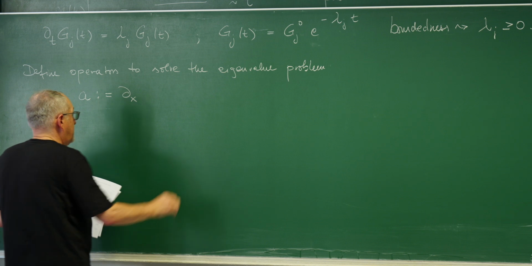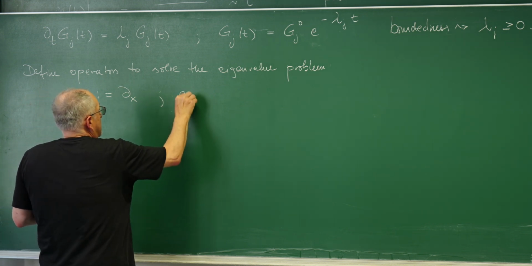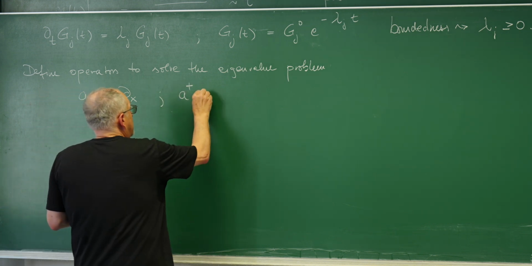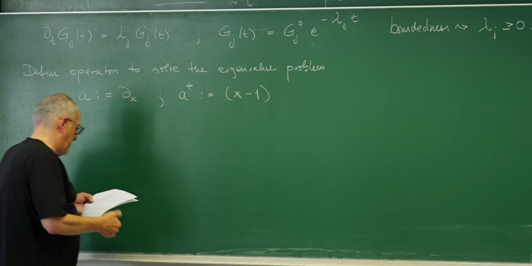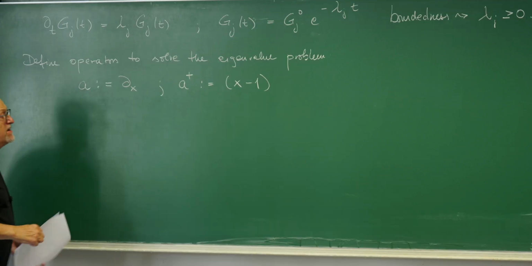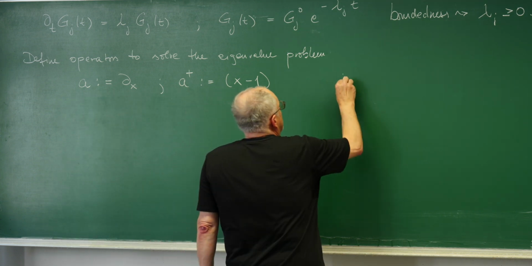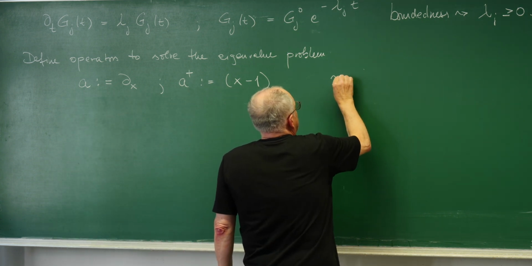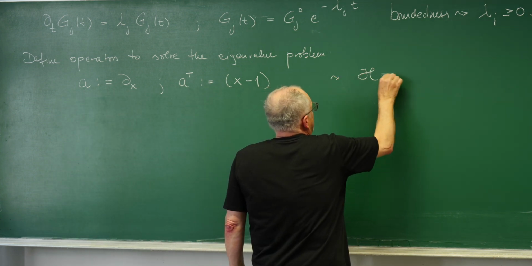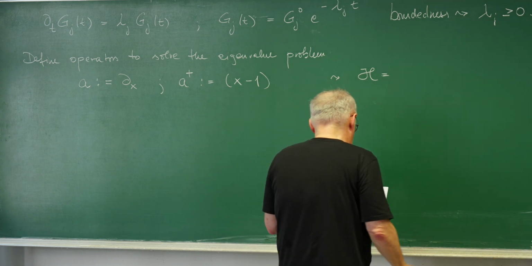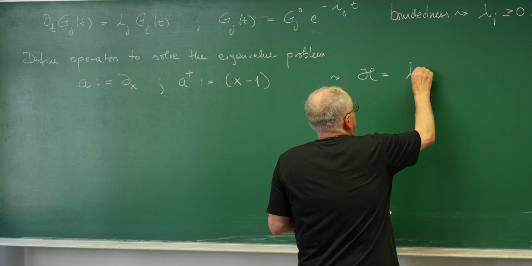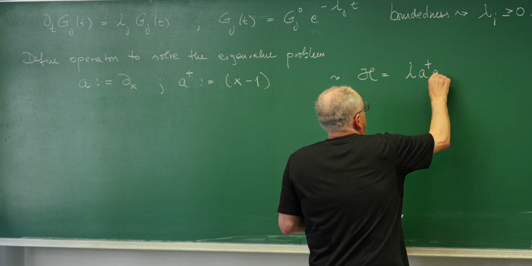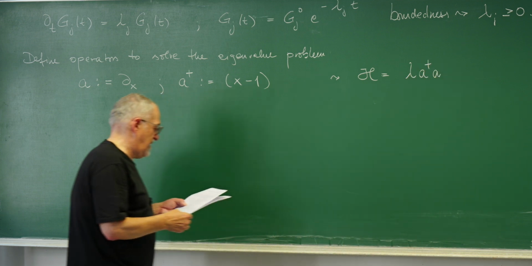And let me now just define two objects. One is d_x, and the other one is defined as x minus 1. Okay. And if I do it like so, then I can write my operator, the linear operator, as lambda a dagger a.